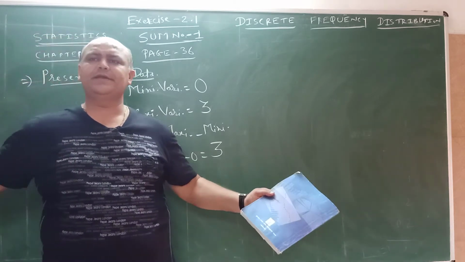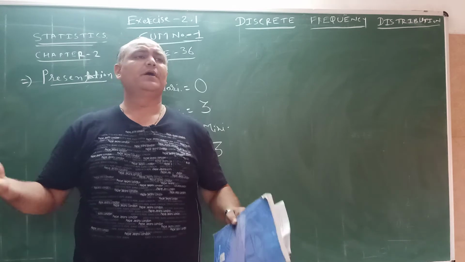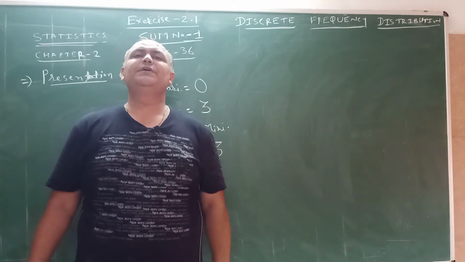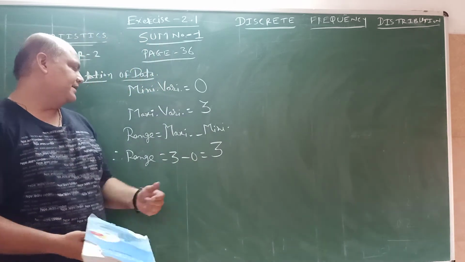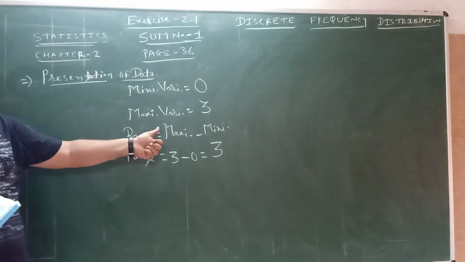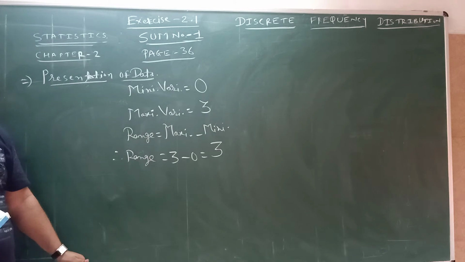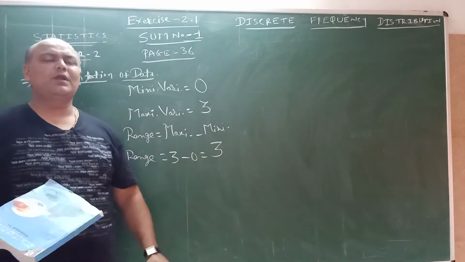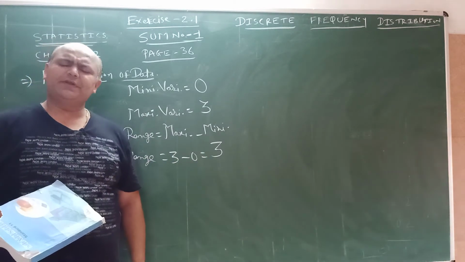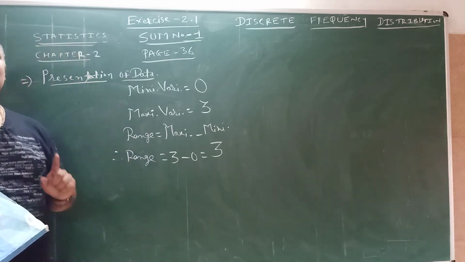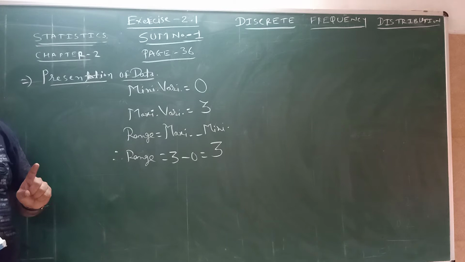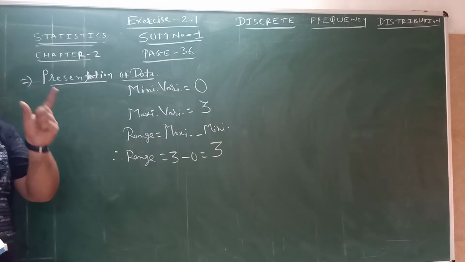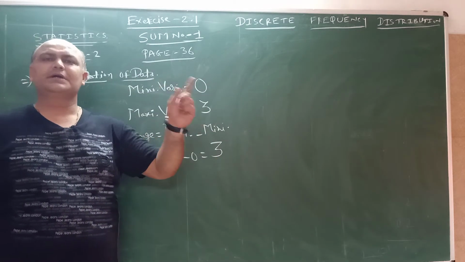Range is 50, range is 80, range is 75, range is 70. Then we have to prepare the continuous frequency distribution. Here the range is only 3. Maximum observation minus minimum observation, 3 minus 0, only 3. So it is definitely clear that we have to make the discrete frequency distribution in this particular sum. Low range, discrete. High range, continuous.